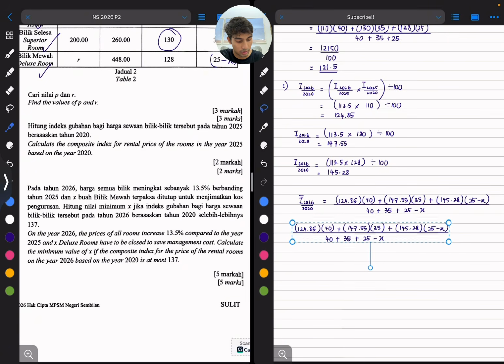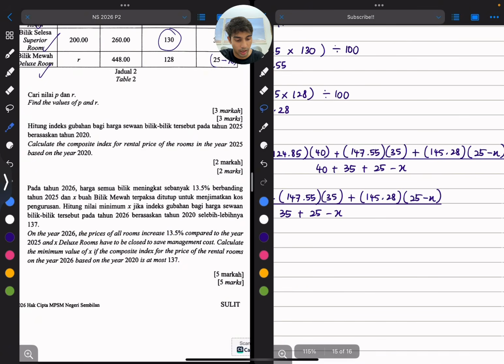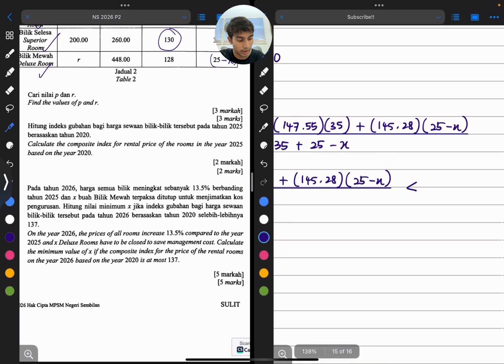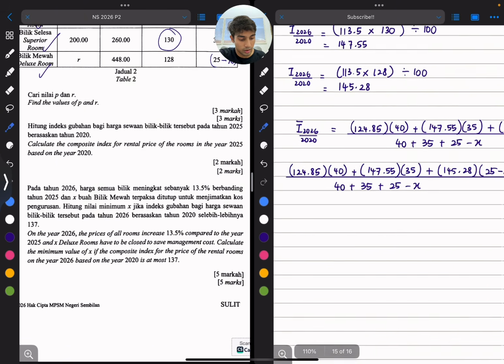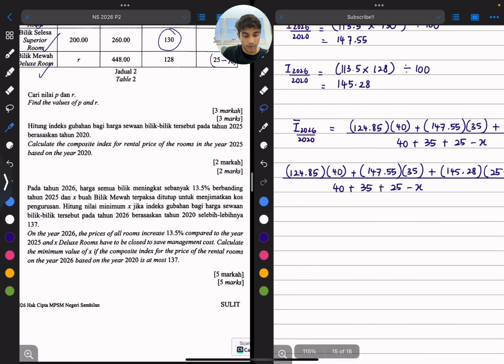At most means the maximum is 137, so it can be 137 or lesser. If it is at least, this is the symbol; at most, this is the symbol. Now we have to solve for x, so let's expand one by one.